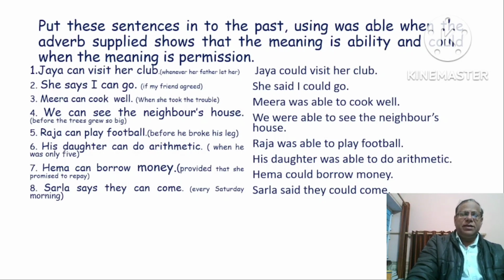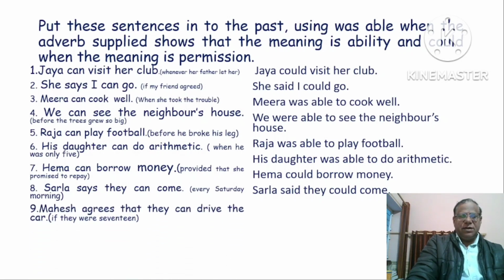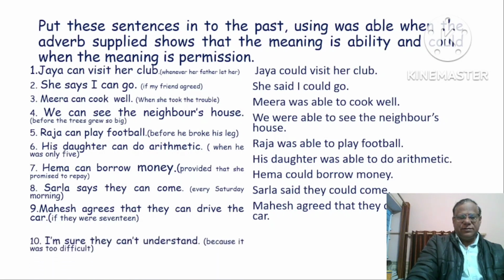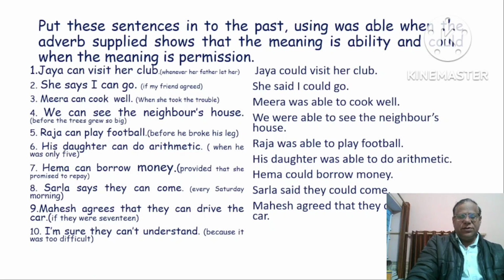So whenever permission is there, we use could. And when the ability is there, we use was. Mahesh agrees that they can drive the car if they were 17. Now, Mahesh agreed that they could drive the car. I'm sure they can't understand because it was too difficult. It is expressing ability.